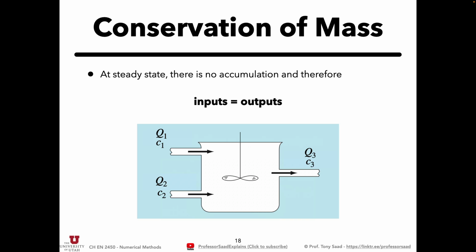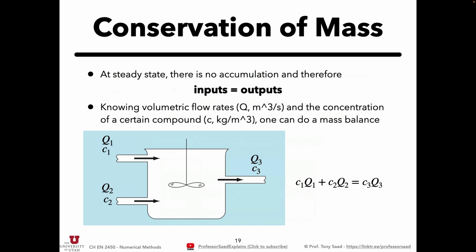So we're bringing in two liquids and producing a liquid at a rate of Q3, kilograms per second or liters per second, and a concentration C3. Typically, this balance would be expressed very simply as C1 Q1 plus C2 Q2 equals C3 Q3. Very simply, right?